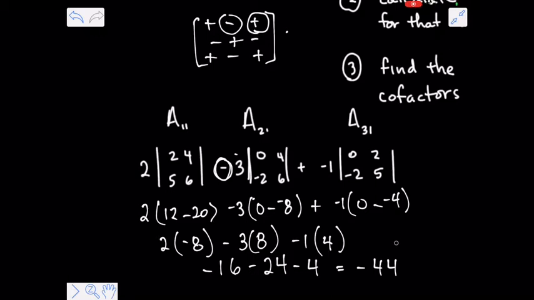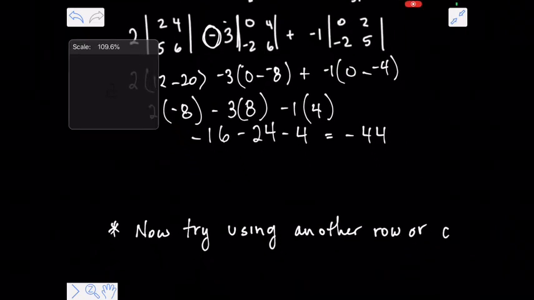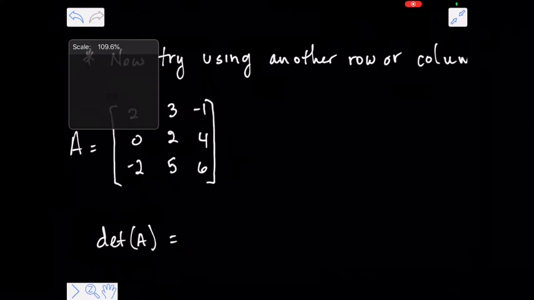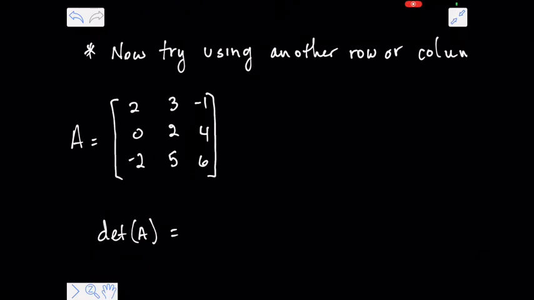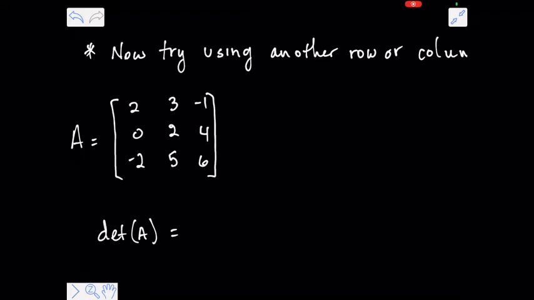To show you what I mean by that, let's do the exact same matrix using another row or column. So let's try this middle column right here. 3, 2, and 5.